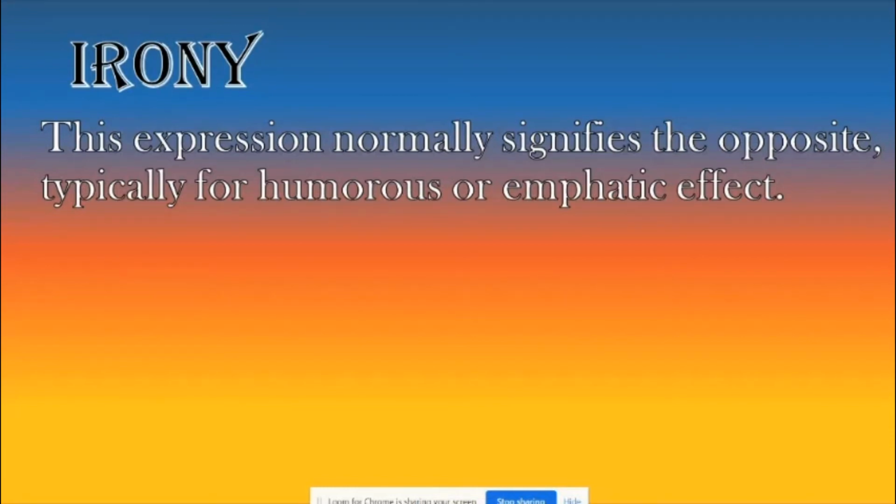As said before, verbal irony is mainly sarcasm, in which you are saying something that is really the opposite of what's happening or what you feel. Situational irony is an irony of the situation. And dramatic irony is when the audience knows something but the character doesn't.